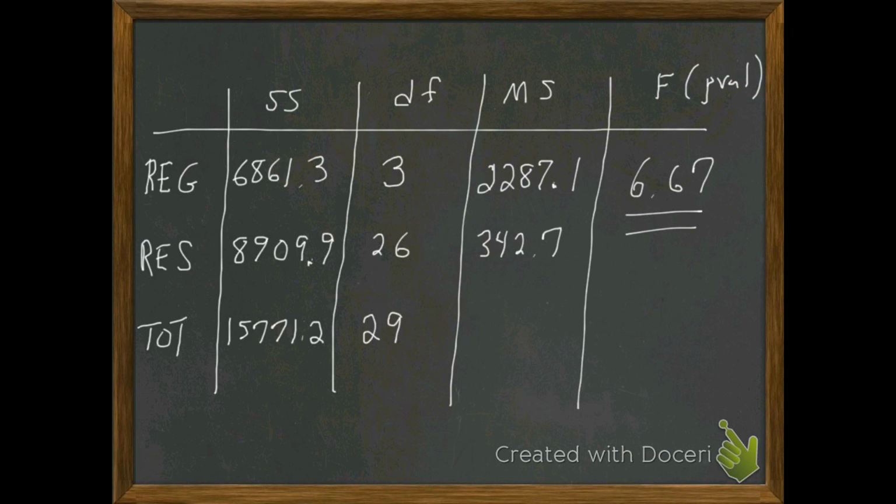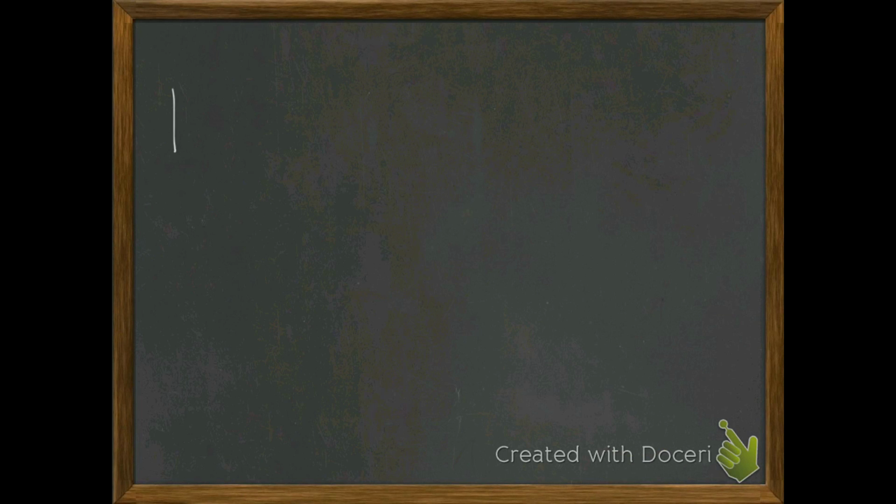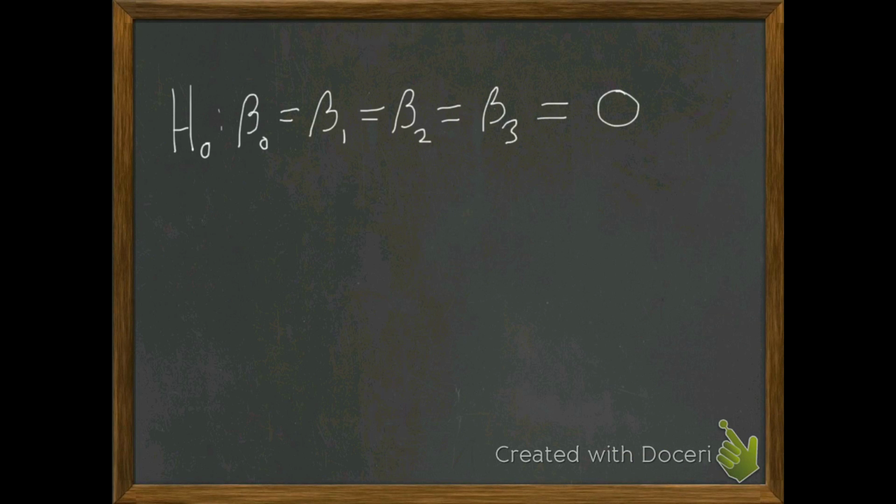Okay? Now, what are we doing here? Here's what we're actually doing. What we're testing with the ANOVA table is H sub 0 that beta 0 equals beta 1 equals beta 2 equals beta 3 are all equal to 0. So none of the coefficients are statistically significant.